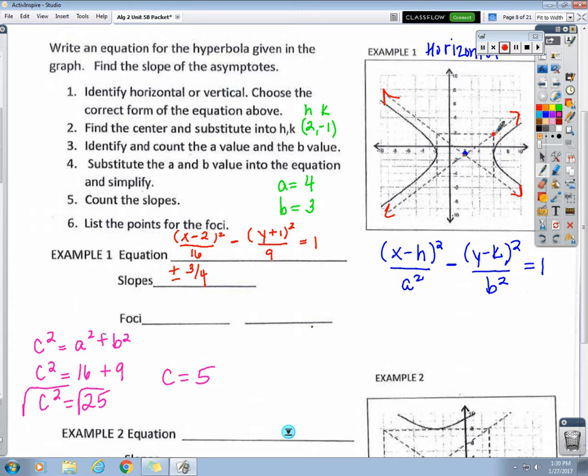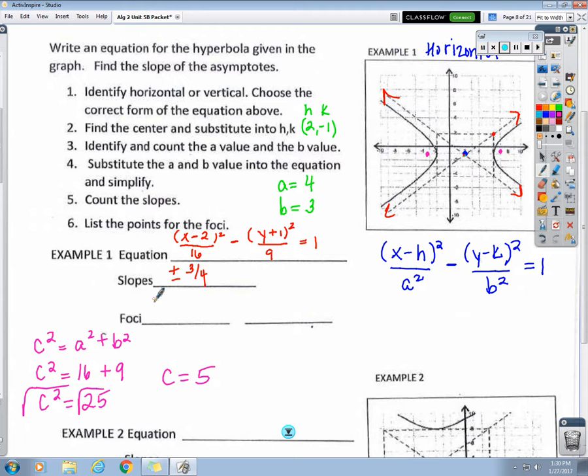Okay, so to plot your foci points, you're going to go 5 units, but which way? Left and right, because we're dealing with a horizontal. And think about it. When we go 5 units right, 1, 2, 3, 4, 5. See how it's like the hyperbola is hugging the foci point, like it should? And then if we go 5 left, it's 1, 2, 3, 4, 5 this way.